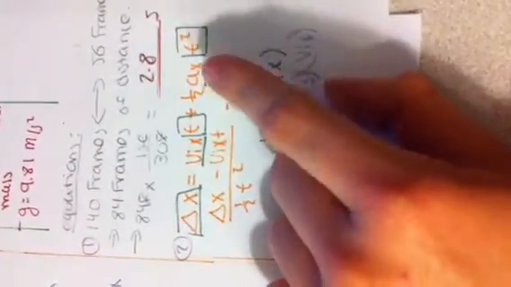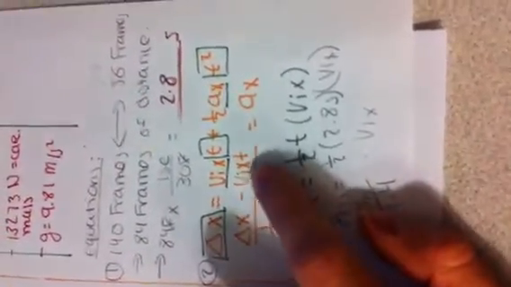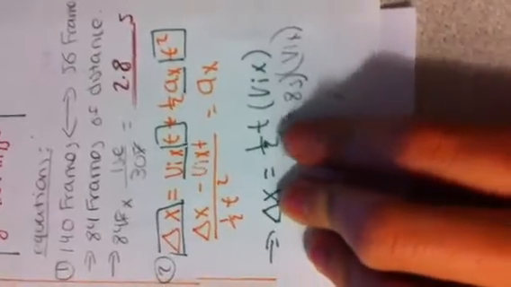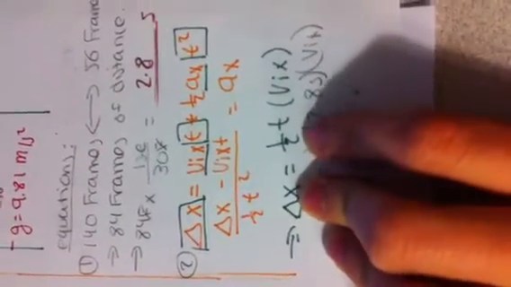So I just substitute it so that I'm ready to plug and chug whenever I get my v initial x. I figured this formula was easy to use: displacement equals 1/2 times time times v initial x. So I plugged in all my components and got my v initial x equals 5.71 meters per second.